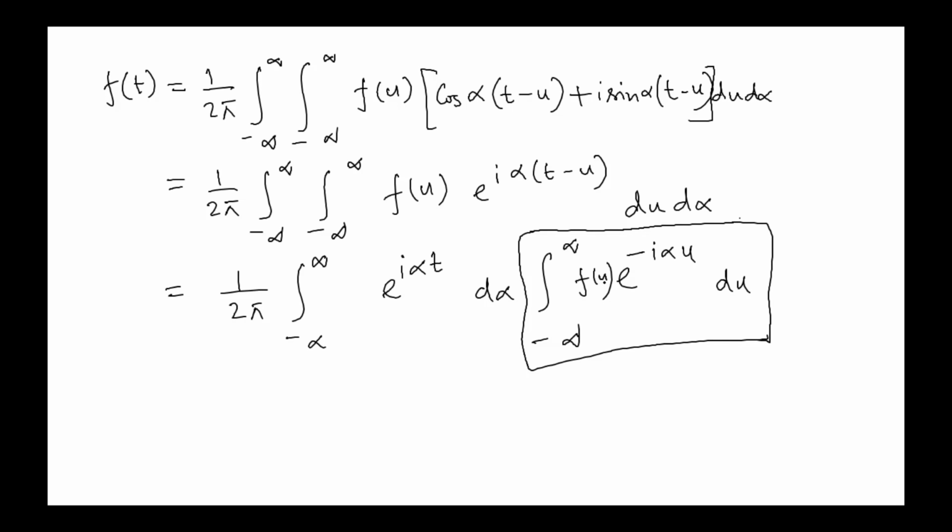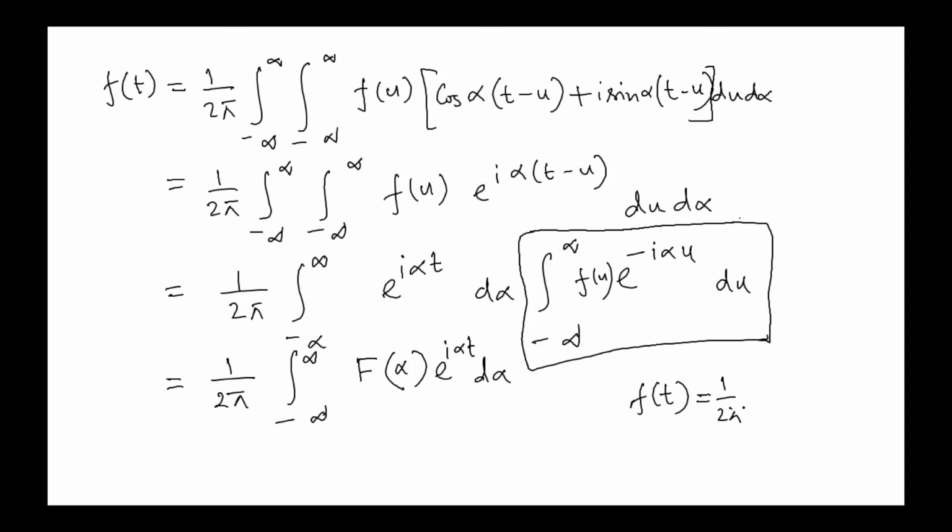So we can write that as integration from minus infinity to infinity F(alpha) e to the power i alpha t d alpha. What we were using? We were using that f(t) is 1 by 2 pi integration from minus infinity to infinity F(s) e to the power i st ds.